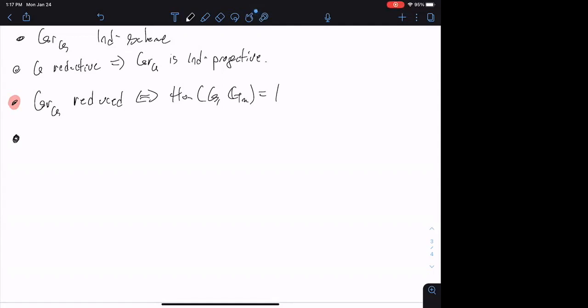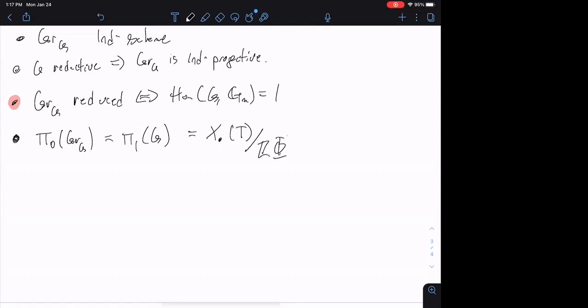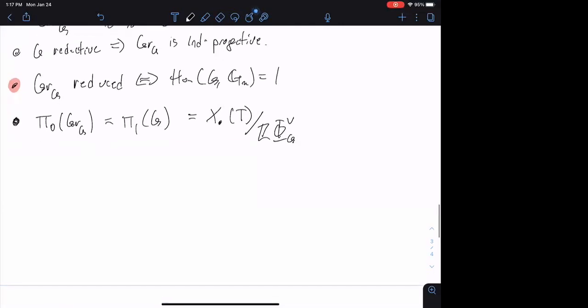The next thing is maybe the topologist's reason for thinking about loop things, that we get a description of the components in terms of the fundamental group of G, the algebraic fundamental group. So X lower star of T modulo the co-root lattice. Really, what I should probably put here is the loop group, but then I'm quotienting out by something that's contractible, G(O).